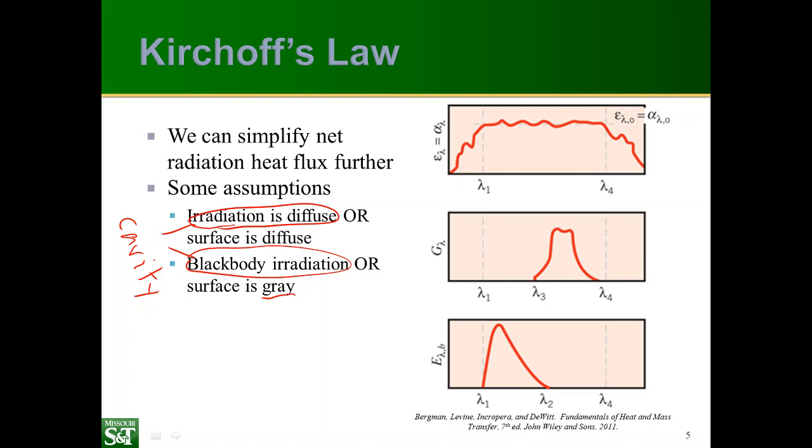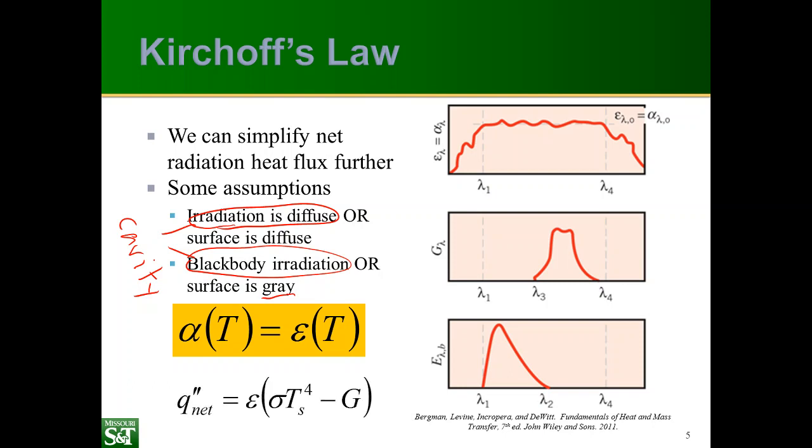So if we can assume Kirchhoff's law, we can actually derive the Kirchhoff's law, which is that absorptivity is equal to emissivity. As I said, this is also valid for cavities. Any substance in a cavity. So we can redefine or rewrite the net radiation heat flux like this, by removing the absorptivity from the radiation and replacing it with the emissivity.